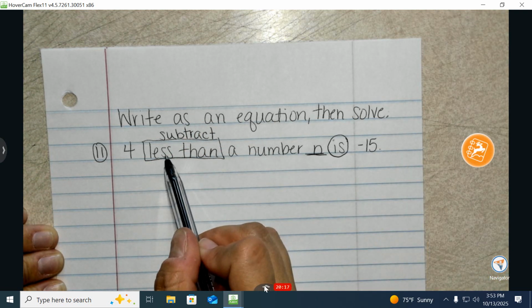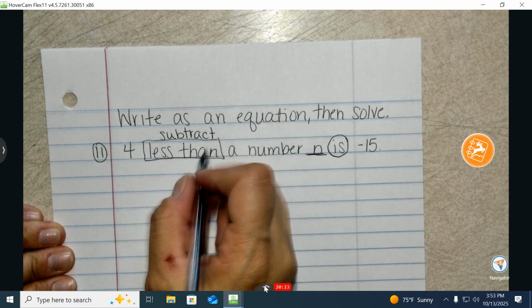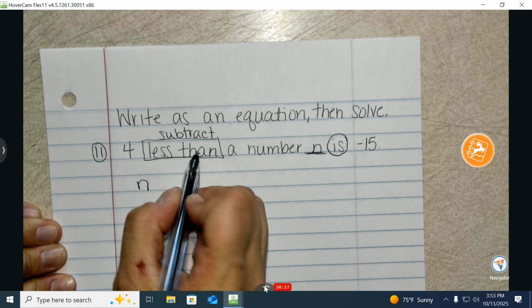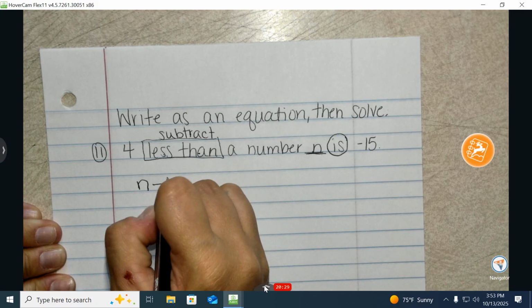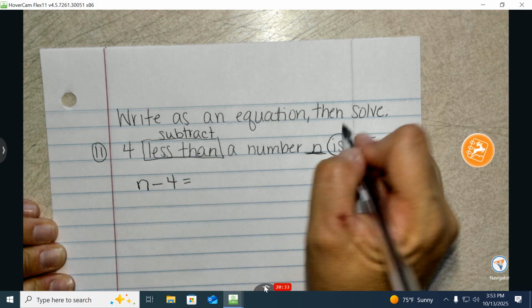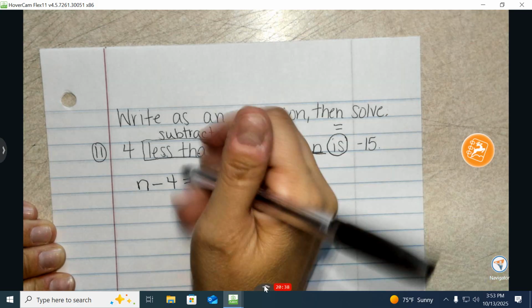You're going to subtract, and it's going to be less than the number n. So we don't know what that number is, but it's going to be n is less than, so subtract 4, equals, and the word is means equals negative 15.